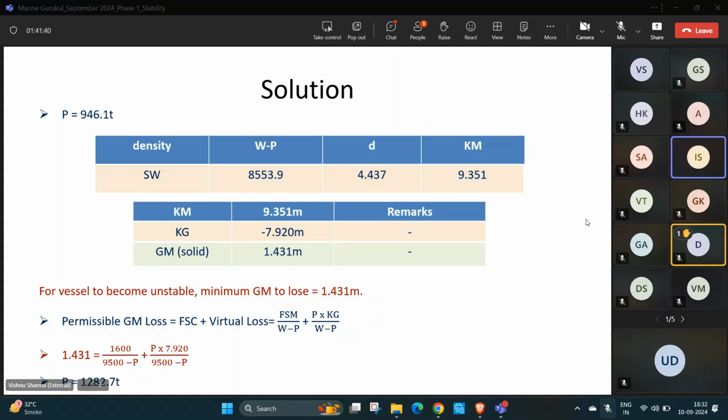The 1282.7. Okay, very good. Good. Let them do also.